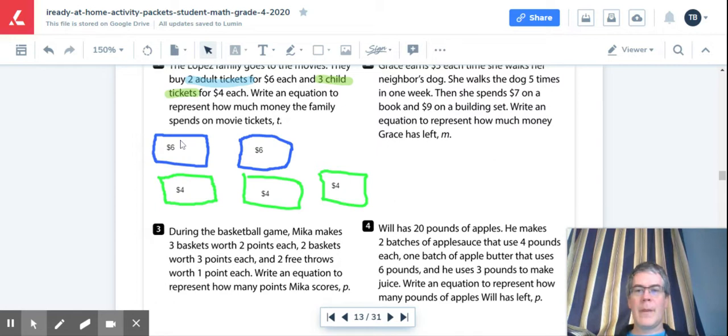So I have 2 adult tickets for $6, 3 child's tickets for $4.